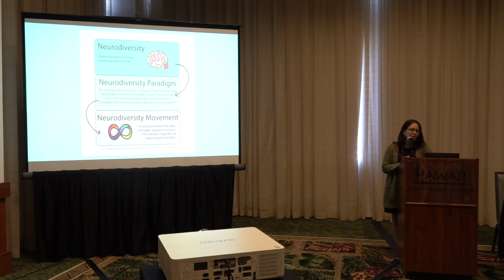So if you look at the neurodiversity paradigm in green, it says no one type of brain function is right or best. Instead, ideal neurocognitive function is socially constructed, like other forms of diversity, right? Neurodiversity is subject to power inequalities, but it's also a source of creativity and empowerment.